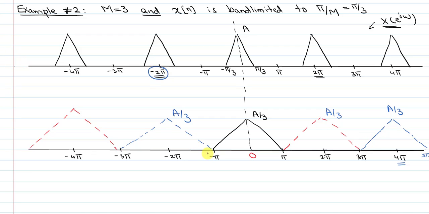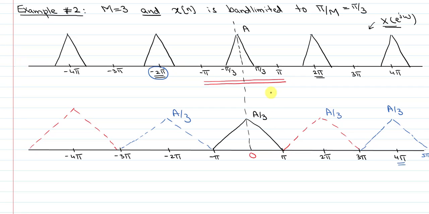Now if you look at this expression, there is actually a short way of getting to this final graphical representation. What is that short version? Well, instead of adding 3 different versions, or M different versions, all you needed to do was just stretch whatever is between minus pi and pi by a factor of M, in this case 3.